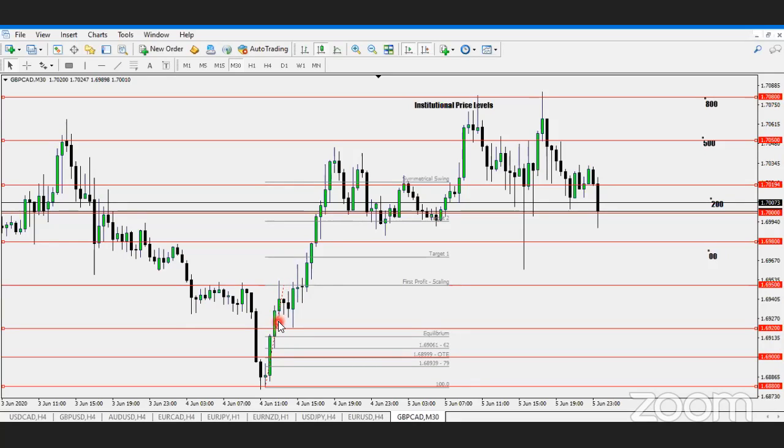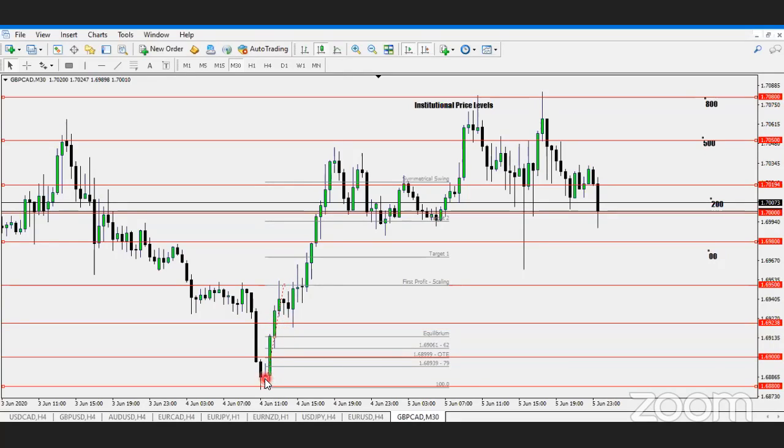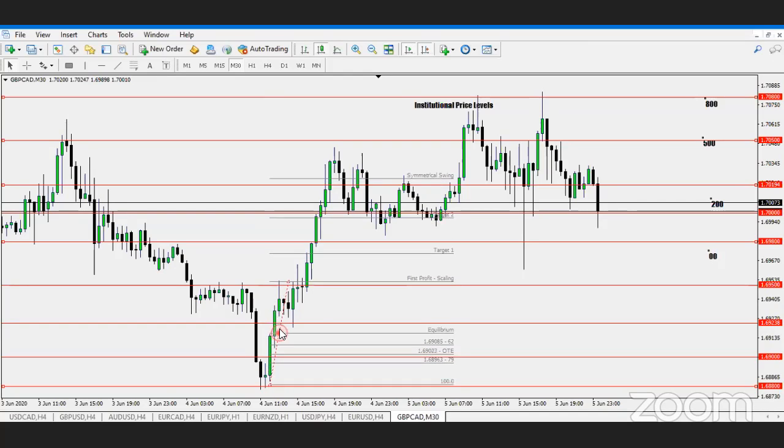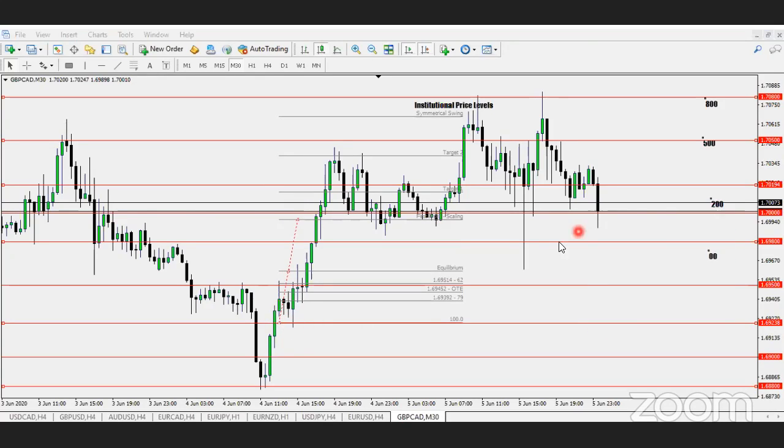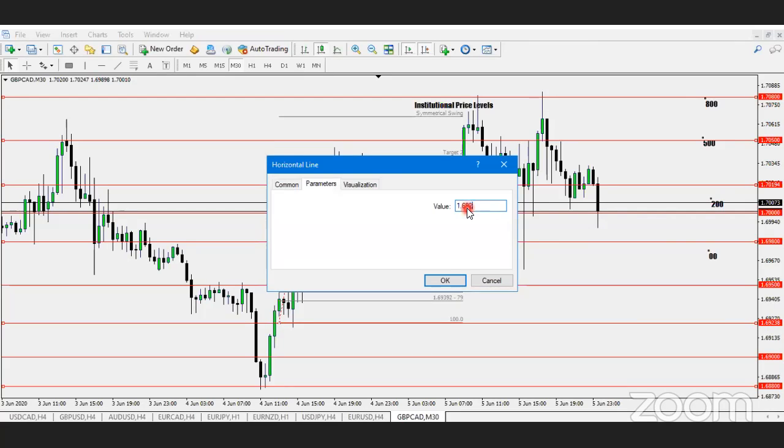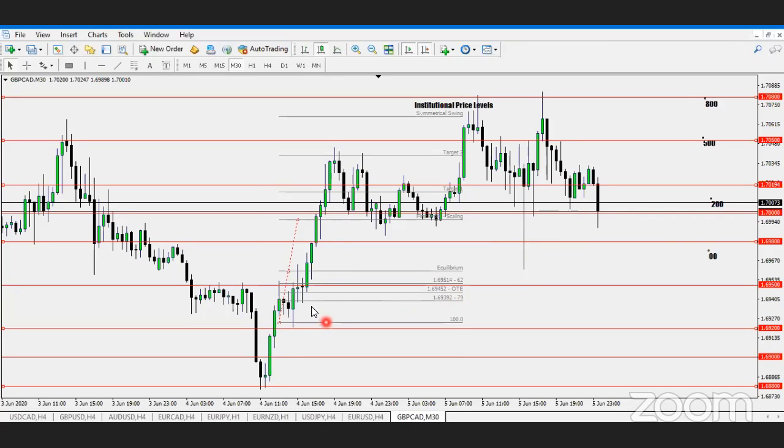Now, sure, we don't get an entry there, but if we move our fibs up, so price then was consolidating between our 200 level over here. So this is our 200 level, and this is our 500 level. So when price rallied again, it rallied from our 500 level over here.